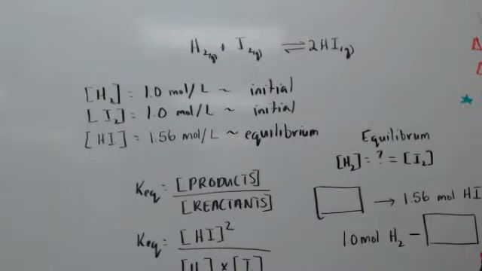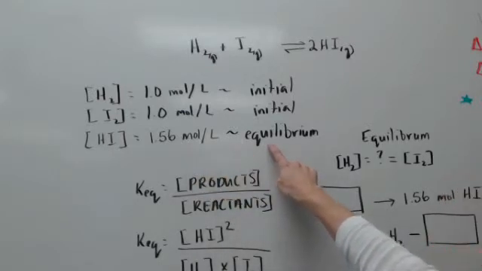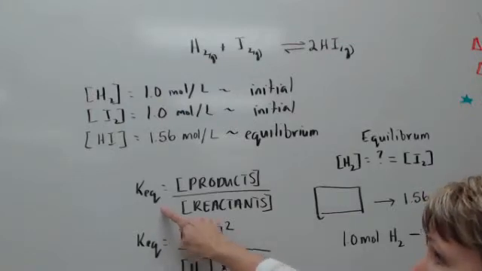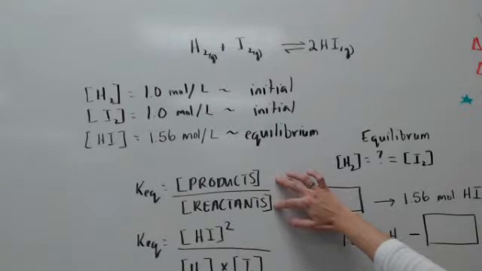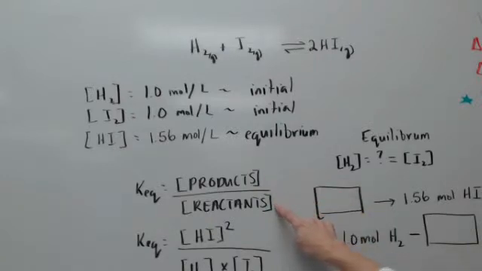So I went ahead and wrote up the initial amounts of my reactants on the board, and I also wrote up the concentration of my product, hydrogen iodide. I have 1.56 moles at equilibrium. In order for me to solve for the equilibrium constant, I know that this is just a ratio of the concentrations of my product to the concentrations of my reactants.